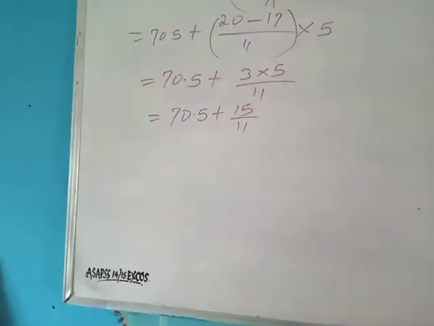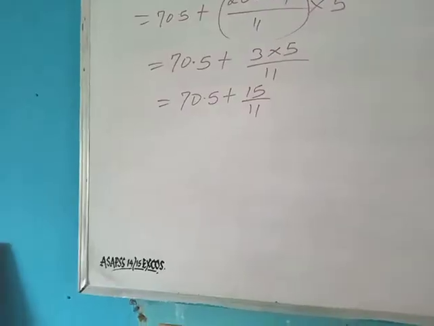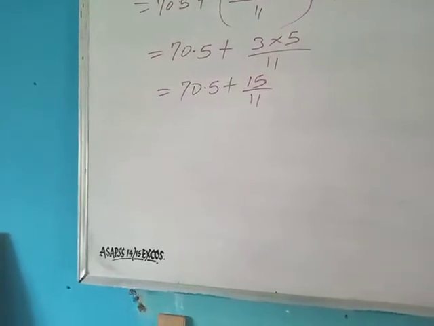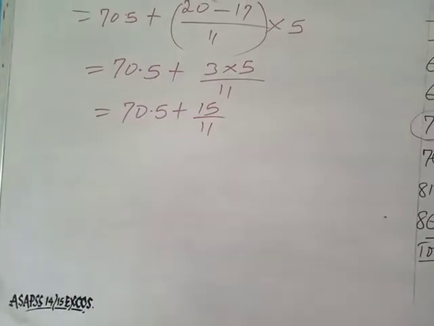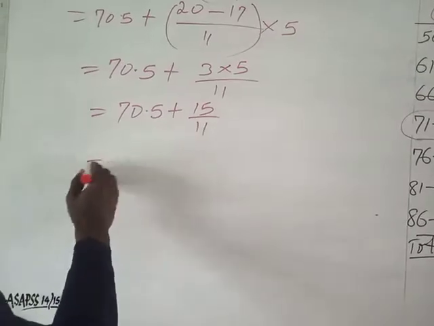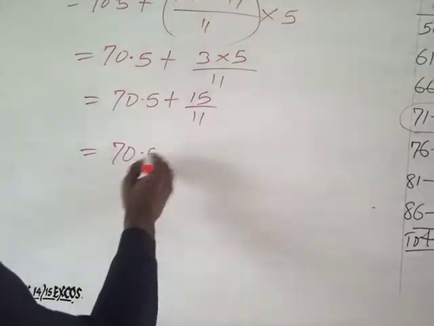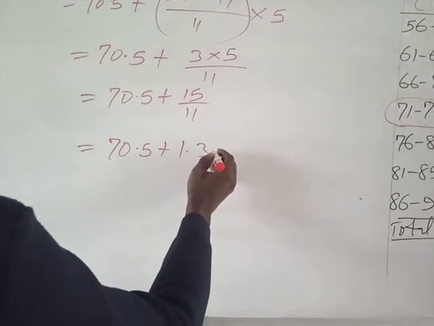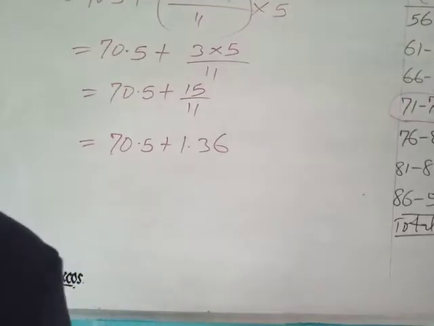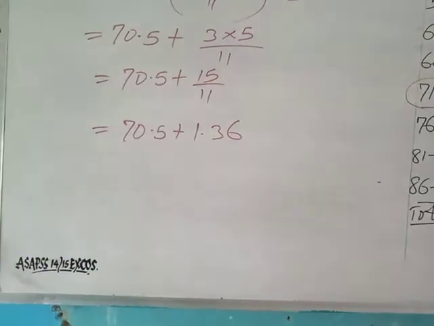So let's divide it. We have 15 divided by 11. So we have 70.5 plus 1.36. So let's approximate it to 1.36.